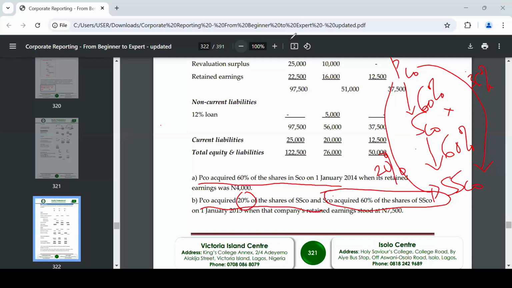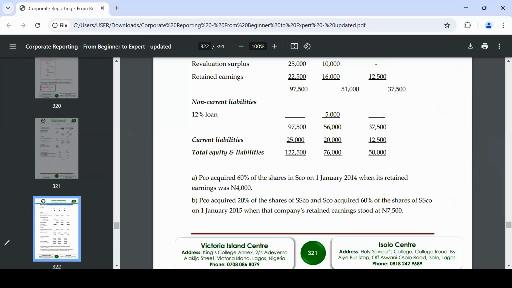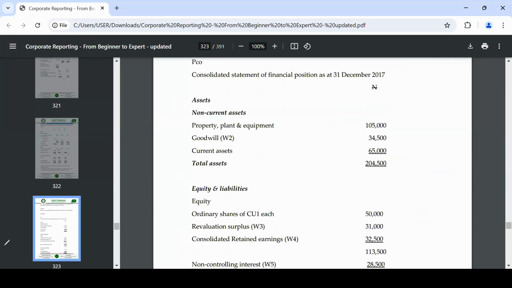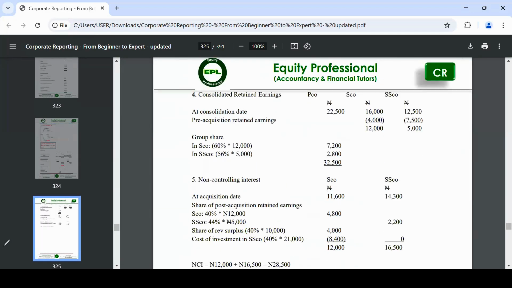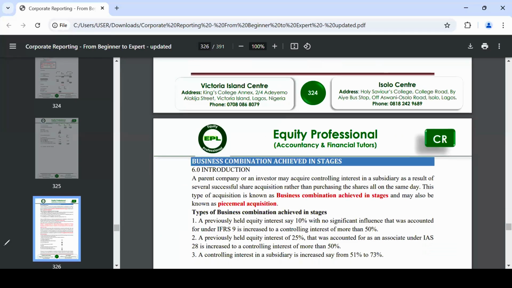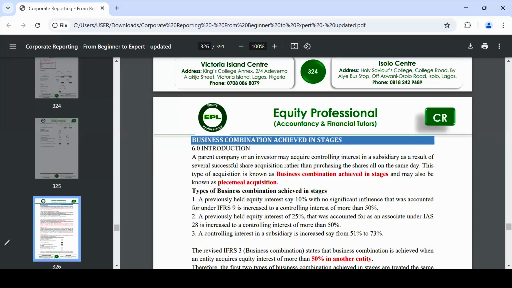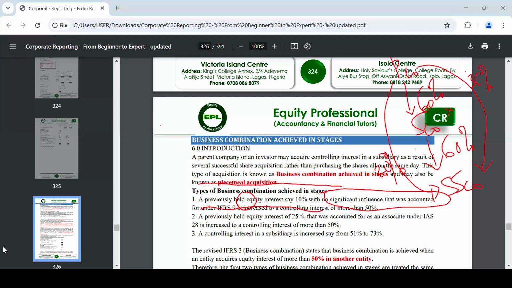So tonight, we're going to be looking at a case where business combination is achieved in stages, meaning that we could have a case where control or controlling interest is not achieved at once, which is, in fact, a very realistic condition.